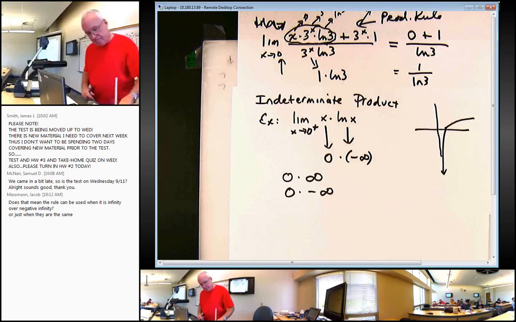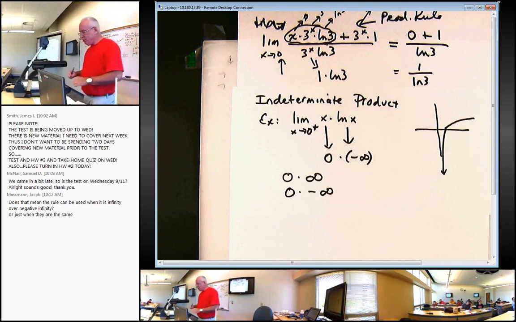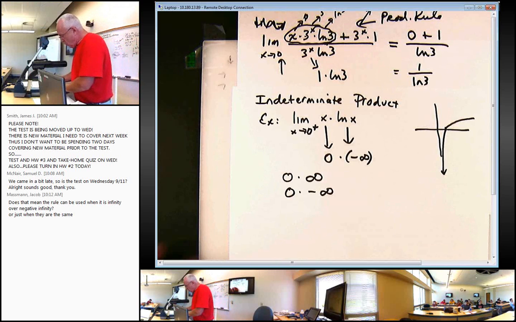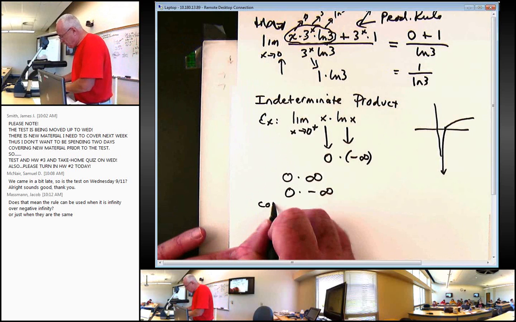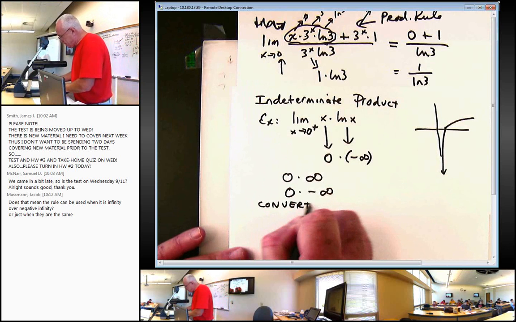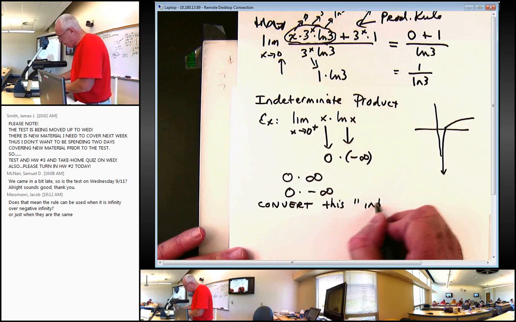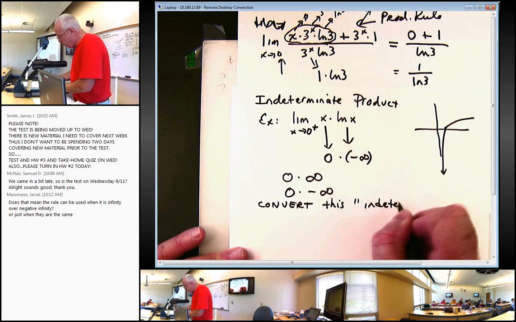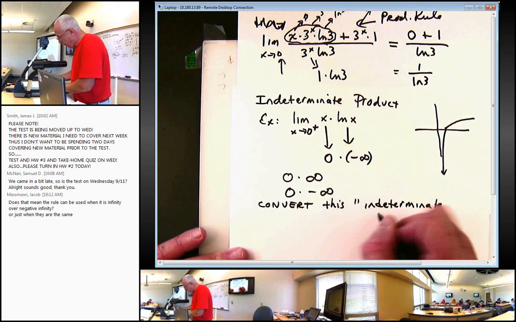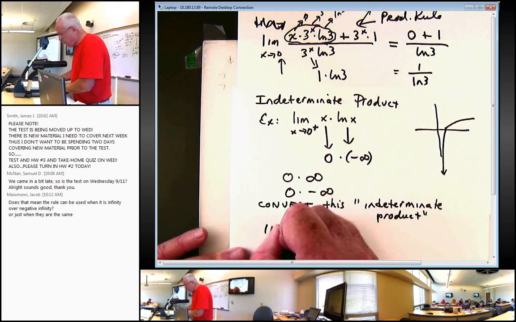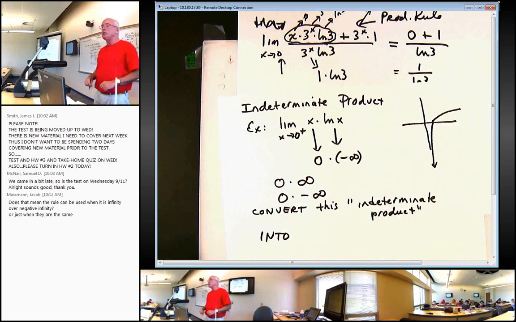So this is what we have to do. We have to convert this quote-unquote indeterminate product into an indeterminate quotient.